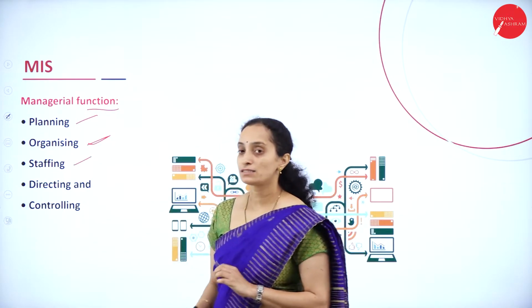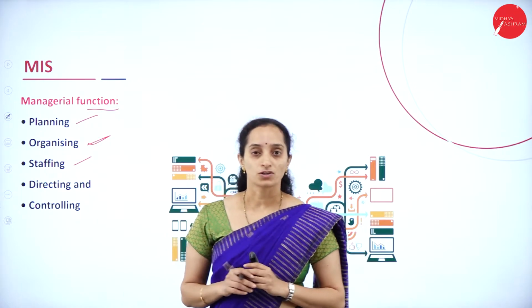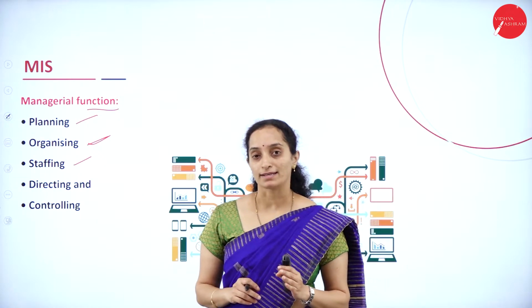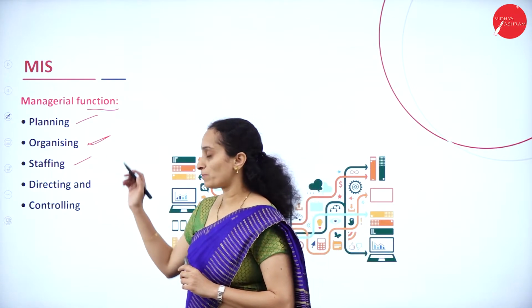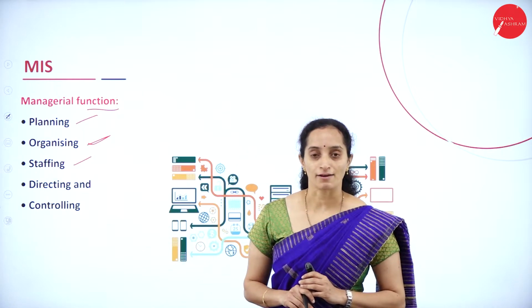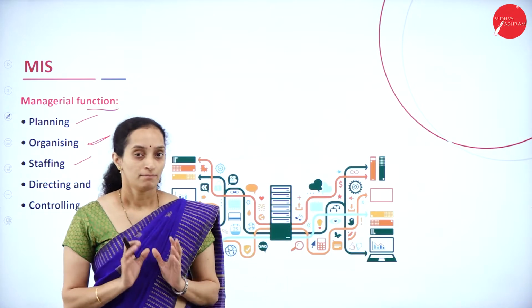Next thing is staffing. What is staffing? It is recruiting the people for a particular position, the eligible candidate for a proper position, which is called staffing. You need the eligible candidates who can arrange.